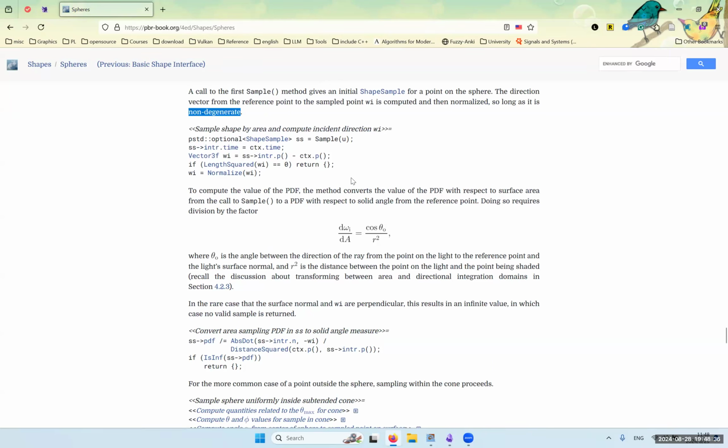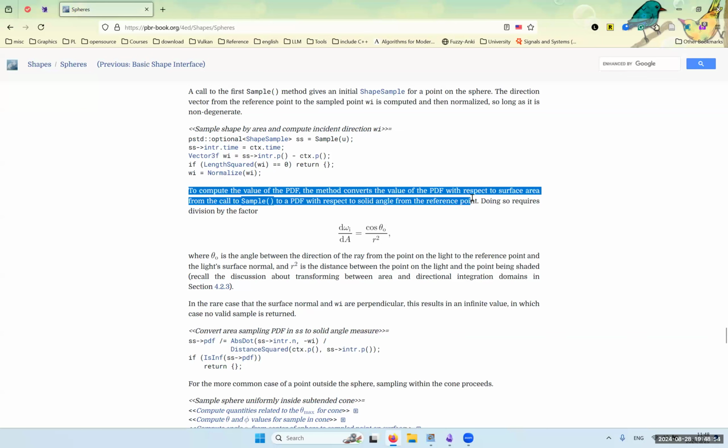We compute the value of the PDF with respect to the surface area from the call to sample, converted to a PDF with respect to solid angle from the reference point.